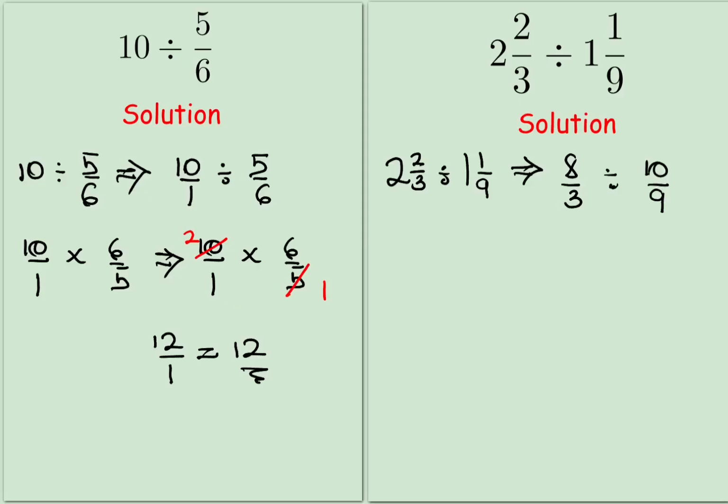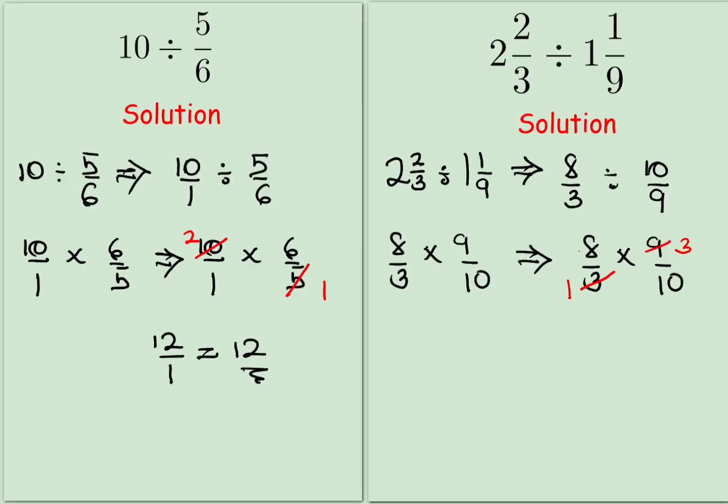Then it now comes to a form that you are familiar with. So 8 over 3 divided by, the division sign now has to change to multiplication, times 9 over 10. With this, we check and see if there's anything to simplify. Looking at it, we can simplify diagonally. By that, I mean 3 divides itself once and it divides 9 three times.